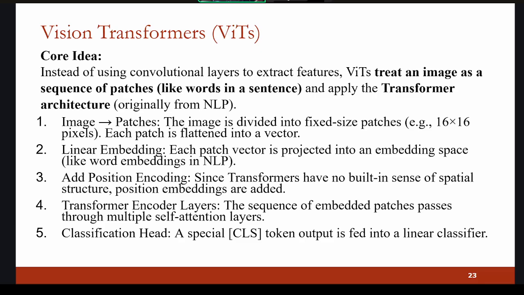Similarly, where the trees were present, we should be able to tell this detail to the architecture. For that, we will be using position encoding. Since the transformer does not have the spatial structure, which is nearby, that should be given as input to the model using this layer, which is nothing but position encoding.